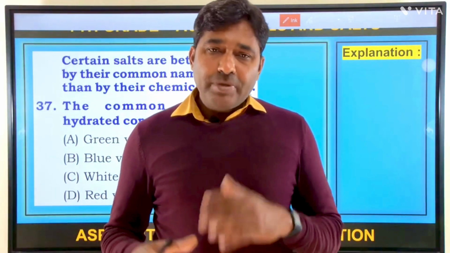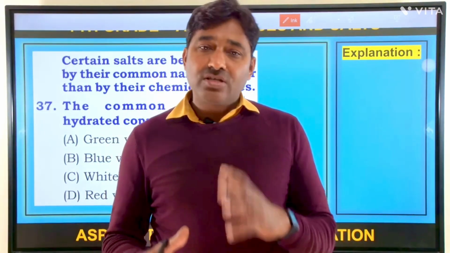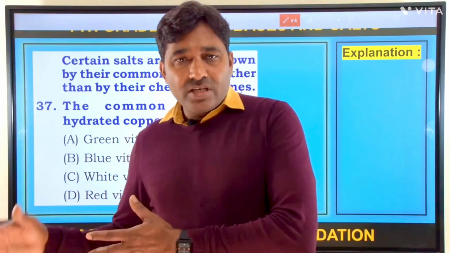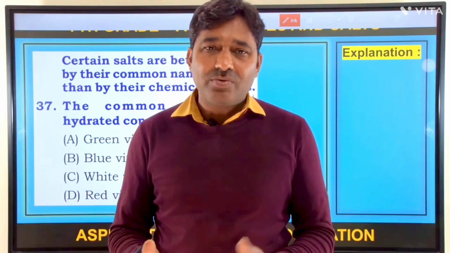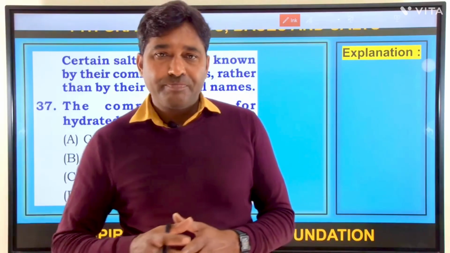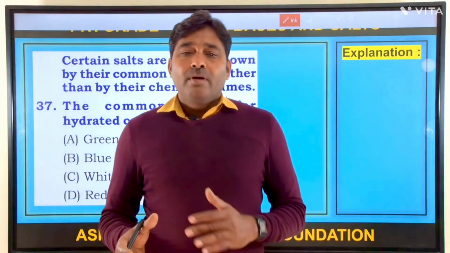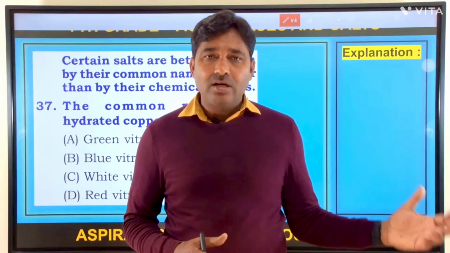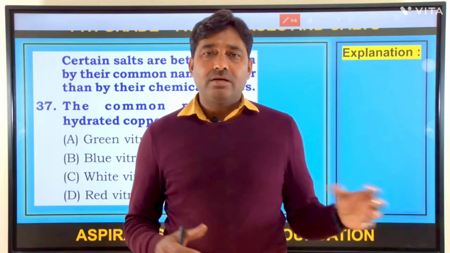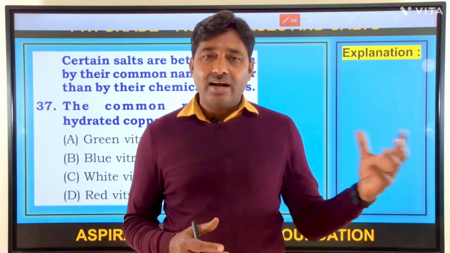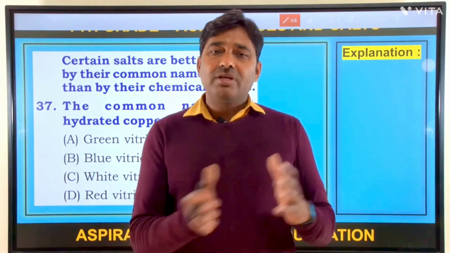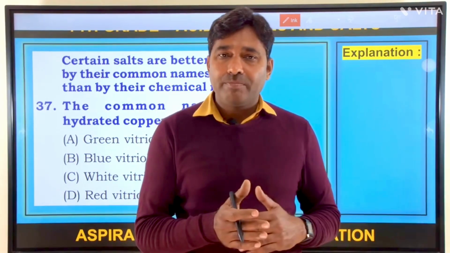Based on the chemical composition, properties and behavior, a technical name is given to the compound, that is called the chemical name. At the same time, depending on its physical appearance and its historical place, based on its characteristic appearance, a name is given, that is the common name.